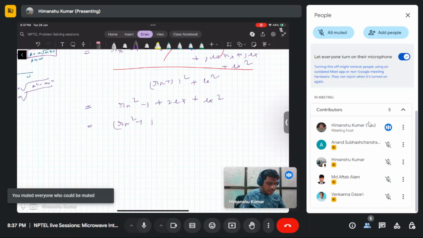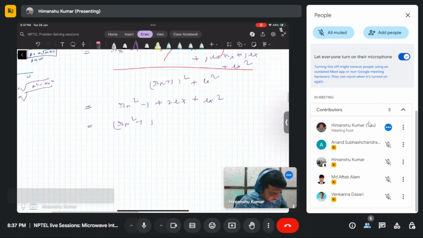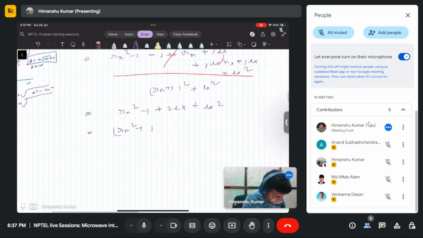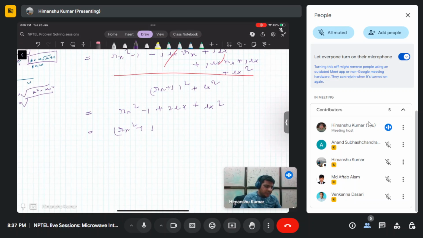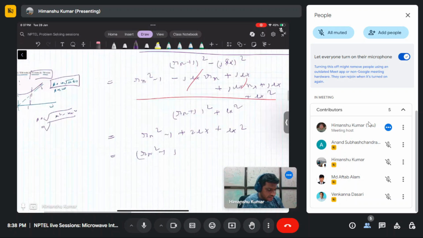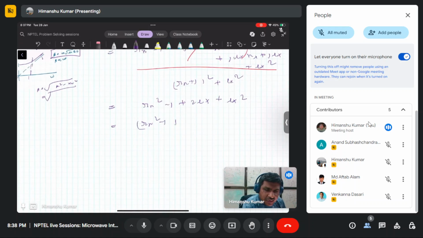Yeah, so this you can write as, just wait. So now basically you can write this as, if you can represent the circle. So basically now you can compare the real and imaginary part of gamma with this.